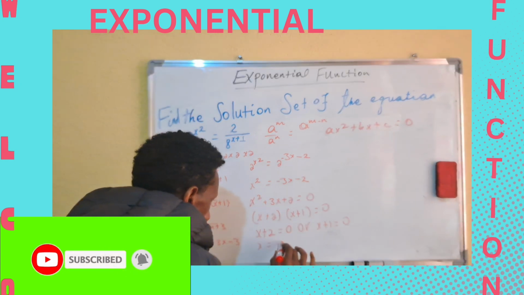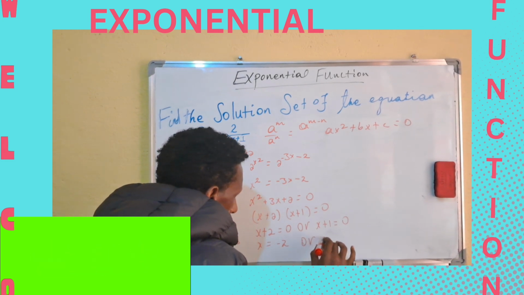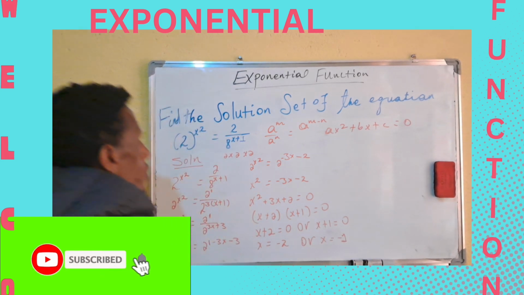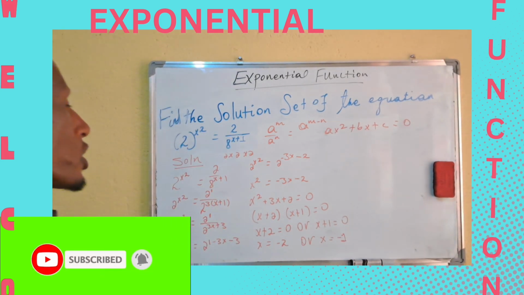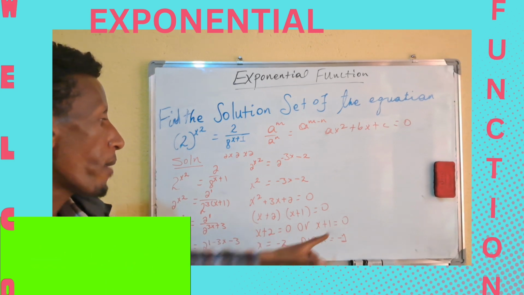Here x is equal to minus 2, or x is equal to minus 1. So the solution set of this equation is minus 2 and minus 1.